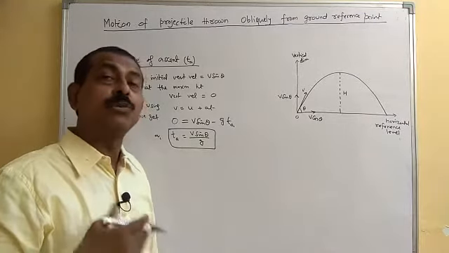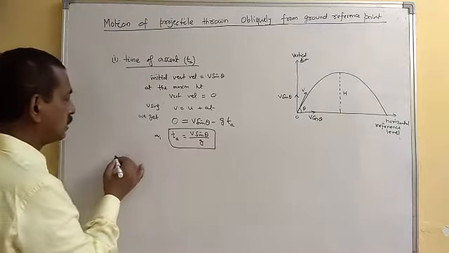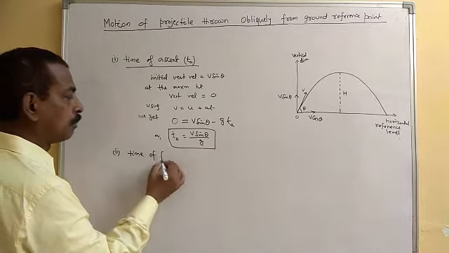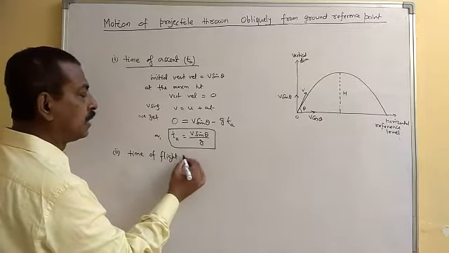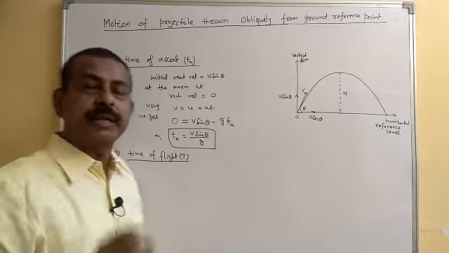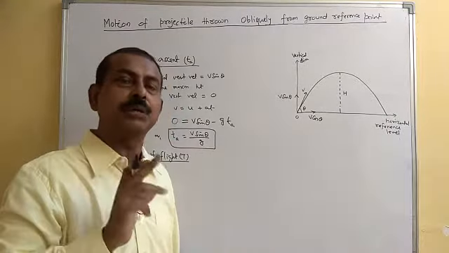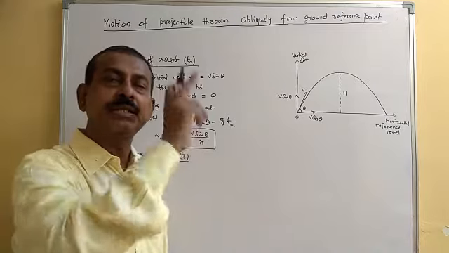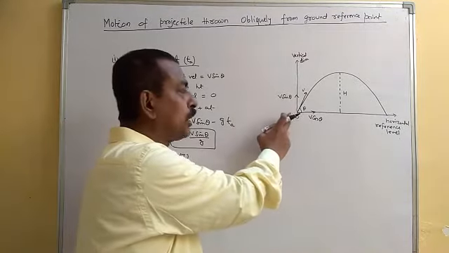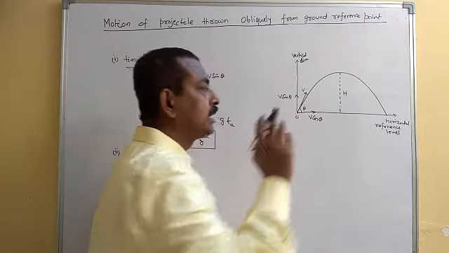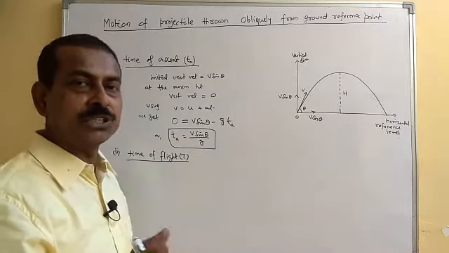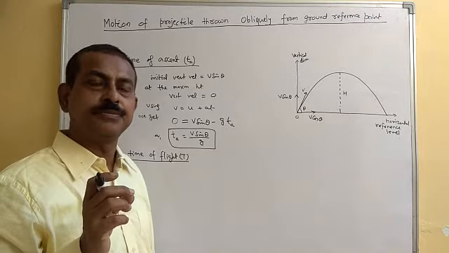We can find time of flight also. This we represent by capital T. Time of flight is the total time taken by the projectile in its entire motion. So that will be the time from the point of projection to the point where it is ending its journey. So this entire time duration will be the time of flight.